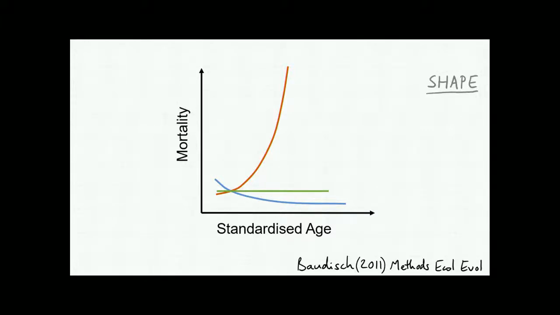One of them is declining slowly, one of them is increasing quite sharply towards the end of life. So this here, for example, could be something like our talipot palm or Arabidopsis, where most of your mortality is concentrated towards the end of life, it's very high at the end of life. This horizontal line here could be something like our rhododendron, which has a very constant mortality over its lifespan.